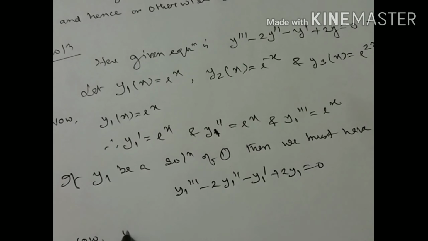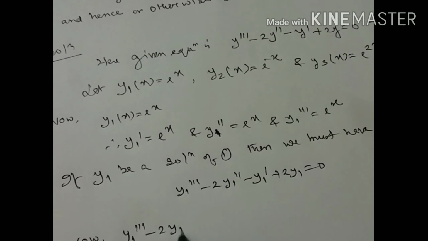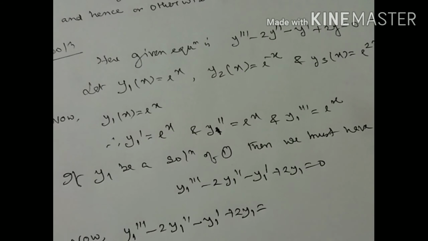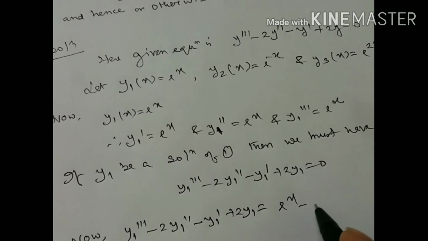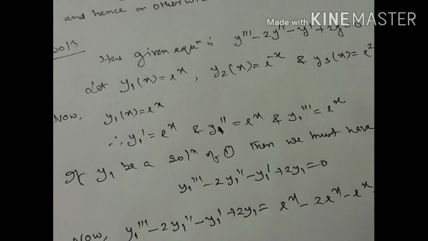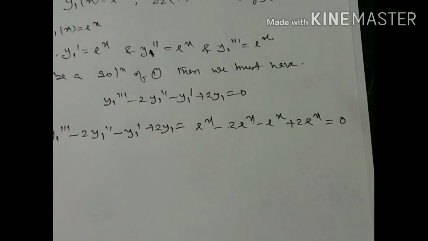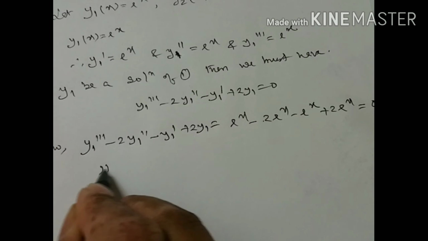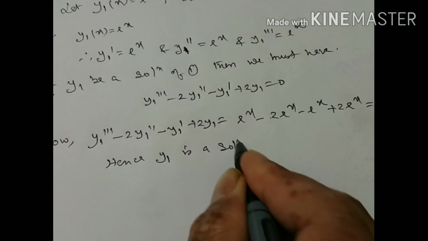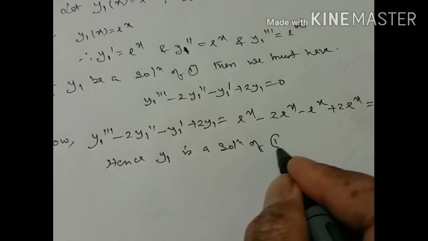Now y1 triple dash minus 2 y1 double dash minus y1 dash plus 2 y1. Putting the values of y1 dash, y1 double dash, and y1 triple dash, it becomes e to the power x minus 2 e to the power x minus e to the power x plus 2 e to the power x, which is ultimately 0. So from this we can say that y1 is a solution of equation 1.